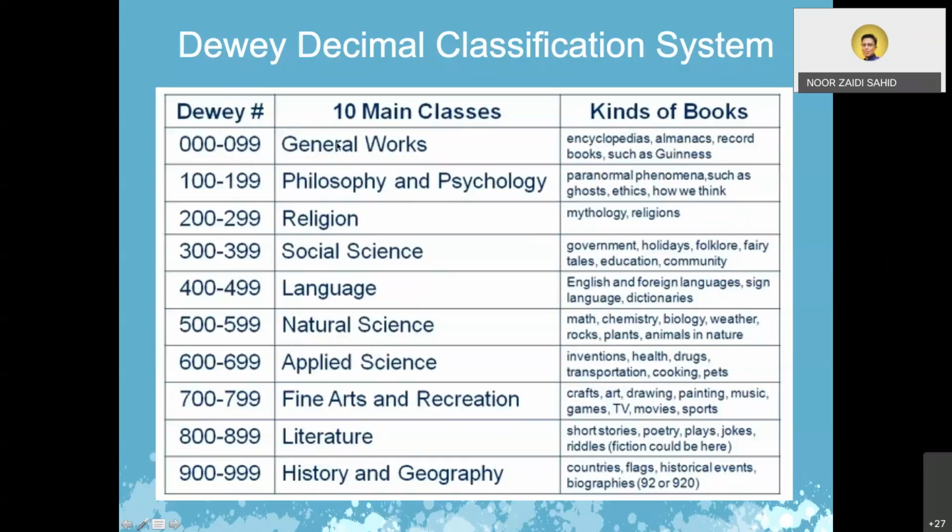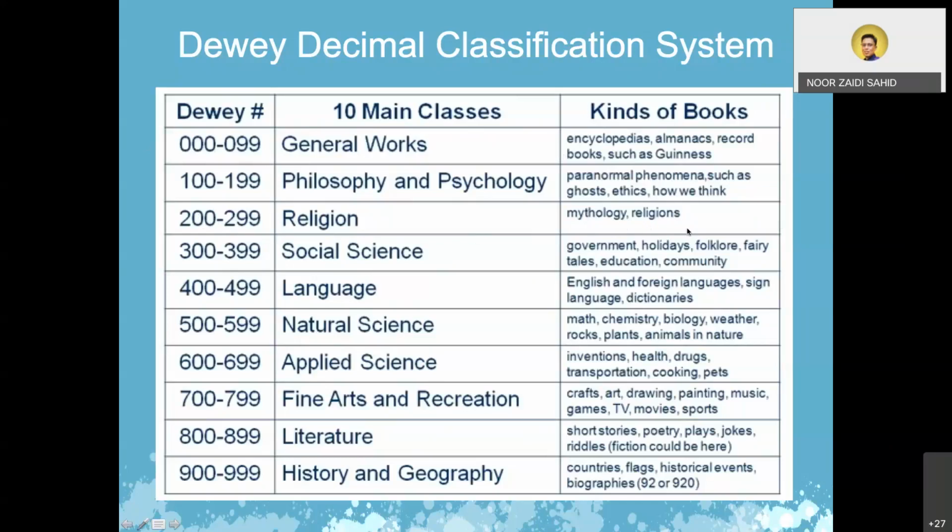So what types of books? For example, encyclopedias, almanacs, record books. Okay, what about religions? If you process books about religion, or you have a collection about religion, for example Surah Yasin and its translation, you should put it under the 200 to 299 range. These are religious books. What else?